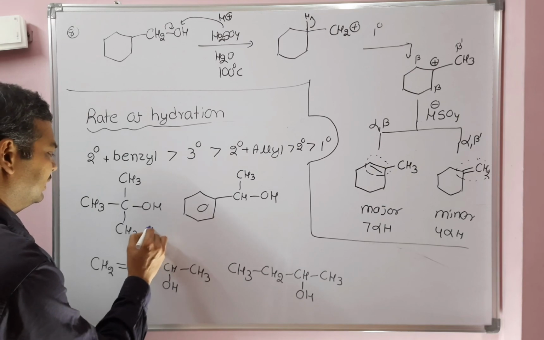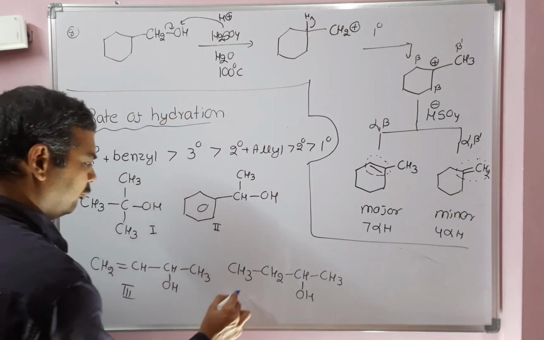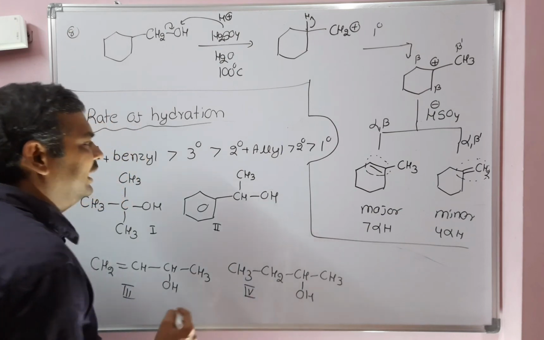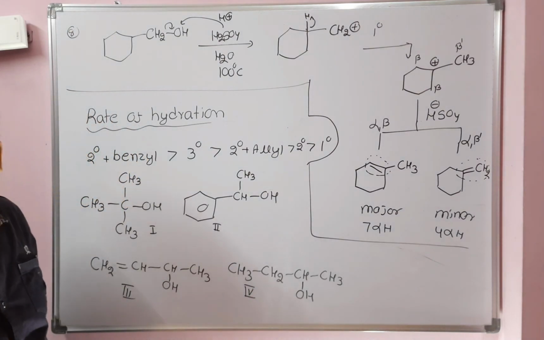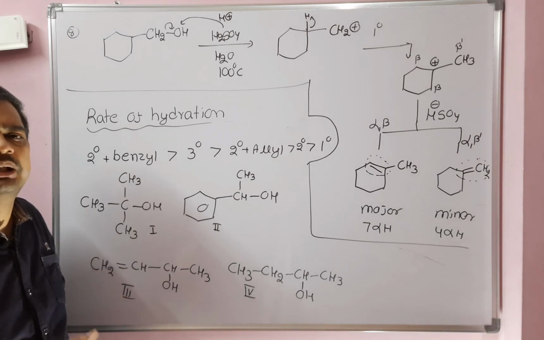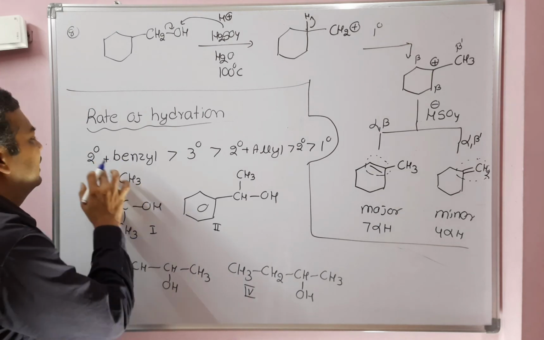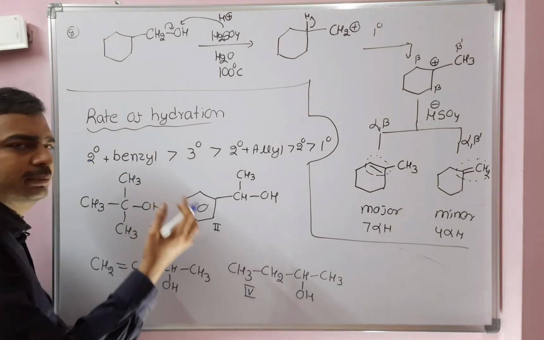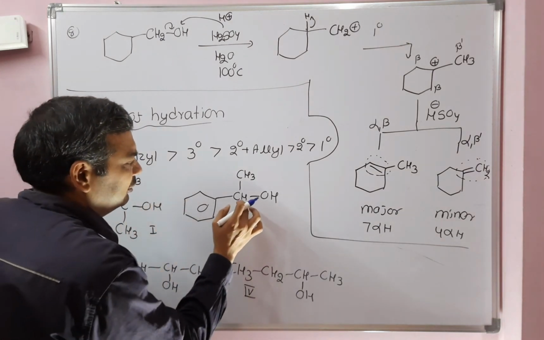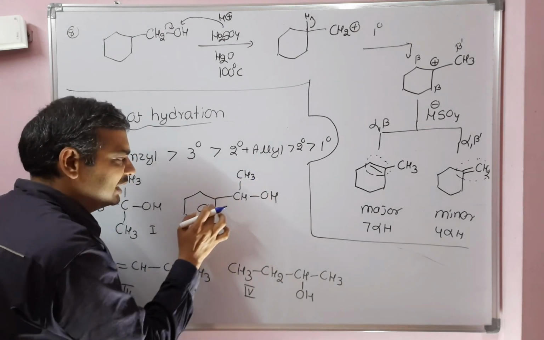So let us say these are 1, 2, 3 and 4. We know in the E1 reaction the intermediate formed is a carbocation. The one which gives the more stable carbocation will readily undergo the E1 reaction. Why is secondary plus benzyl more stable? Here first this carbocation is formed, stabilized with this methyl group as well as resonance.